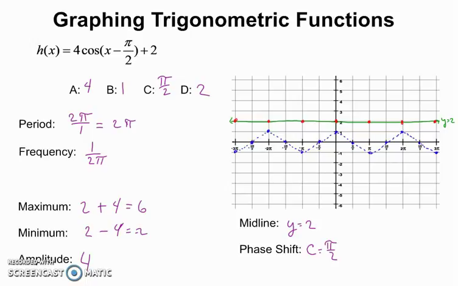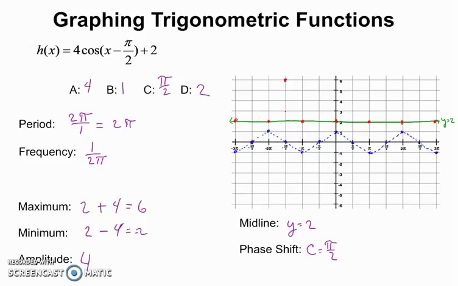So again, the second thing we'll do is the maximums. And again, the maximums are going to the right ones. And then I go to the midline and I go up the amplitude. So I'm at negative pi over 2. So I'm going to go to the right once, find my midline, and go up 1, 2, 3, 4. And there's my amplitude. And then find the next one here at 0.